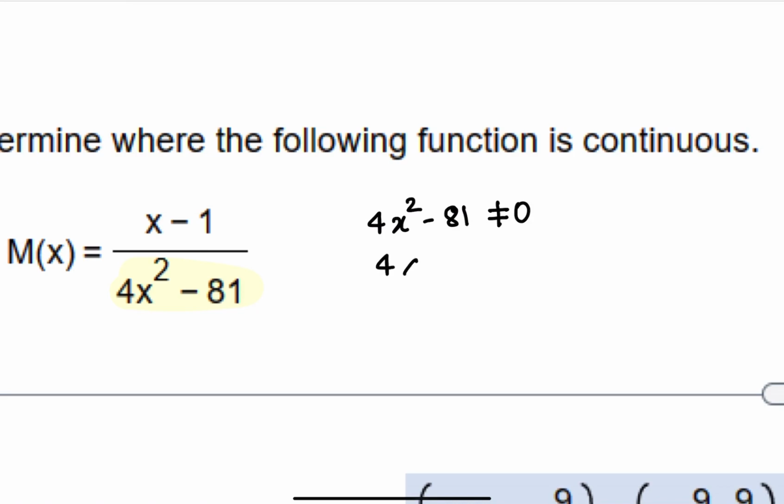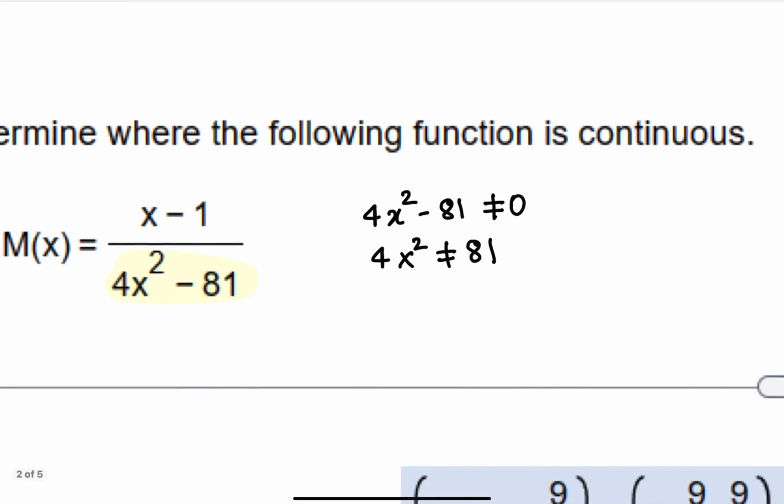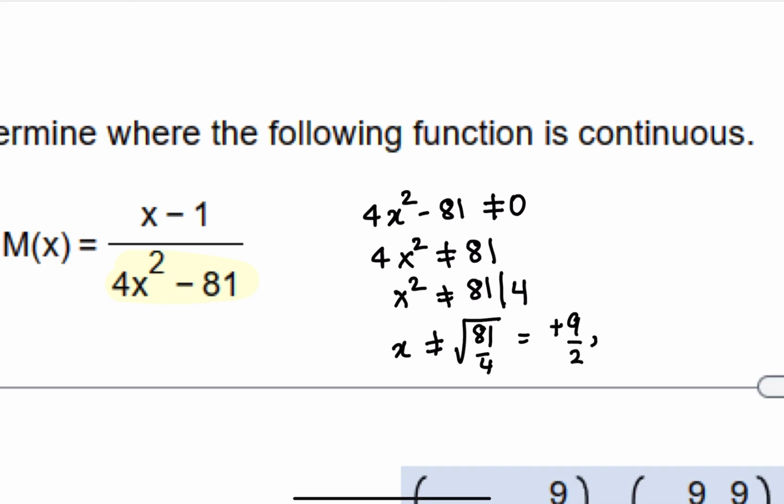That means 4x squared should not be equal to 81. That means x squared should not be equal to 81 over 4. That means my x should not be equal to the square root of 81 over 4, which is positive 9 over 2 and negative 9 over 2.